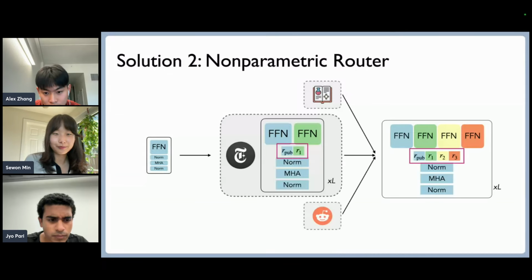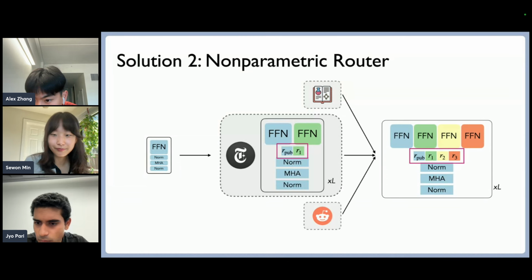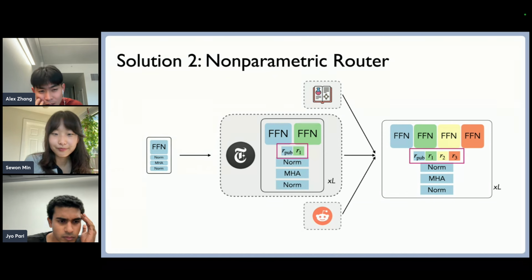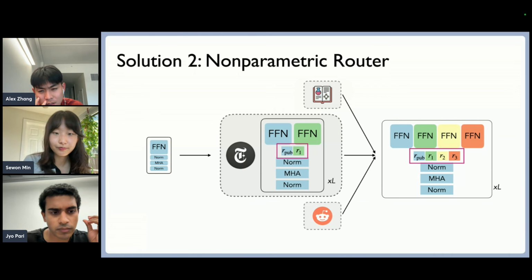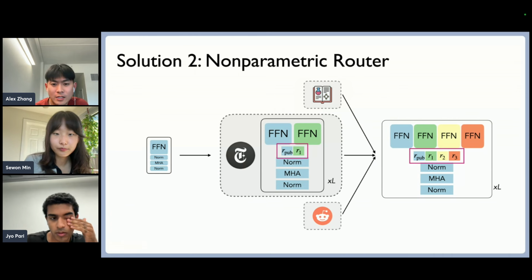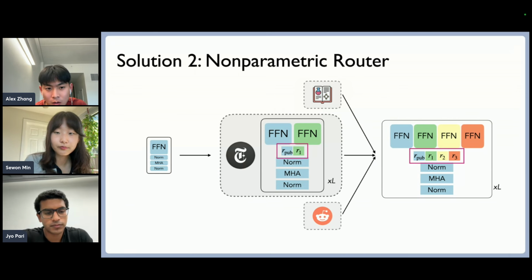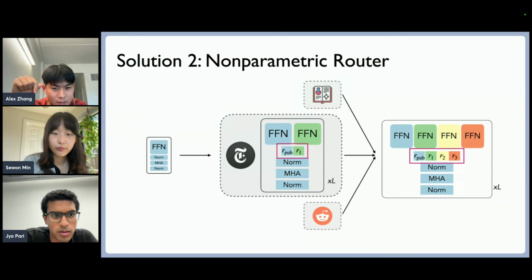Oh, sorry, I guess the question in the chat, they answered it themselves. I was actually wondering one thing though: if the public router is fixed across all the different private domains, you fix it, right?